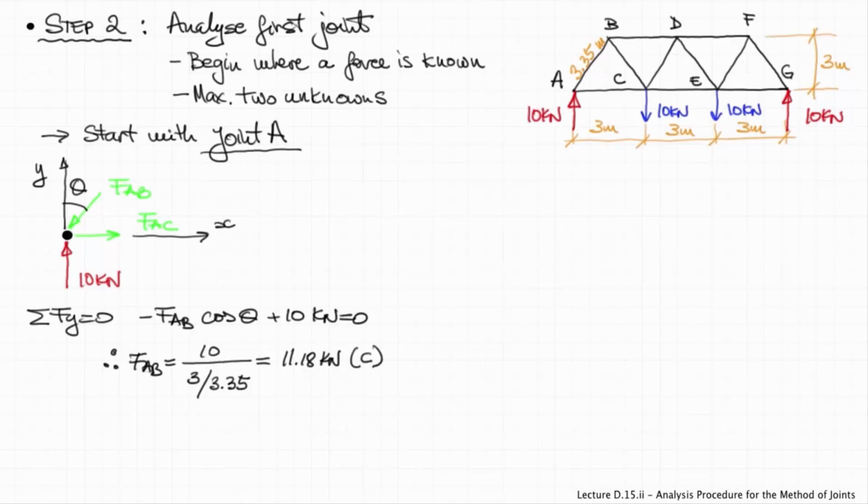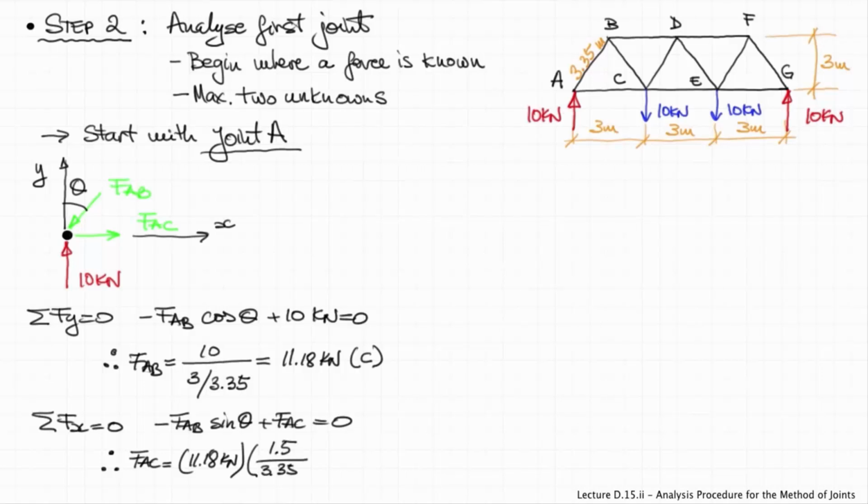Now, we made a guess originally. We drew the arrow of FAB pushing into the joint. So therefore, the member is in compression. Second equation, summation of forces in the x direction equals 0. And from this one, we will solve for FAC.